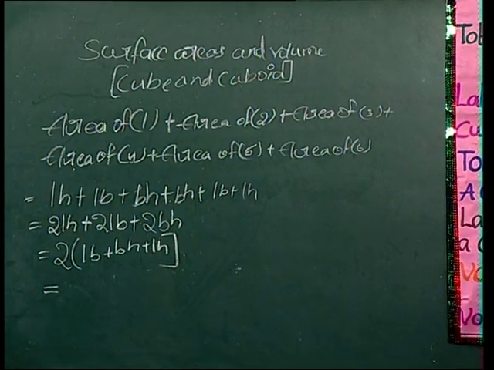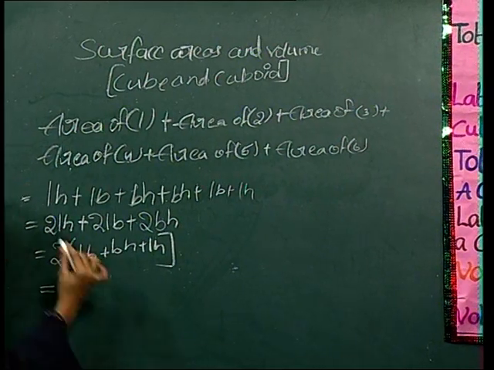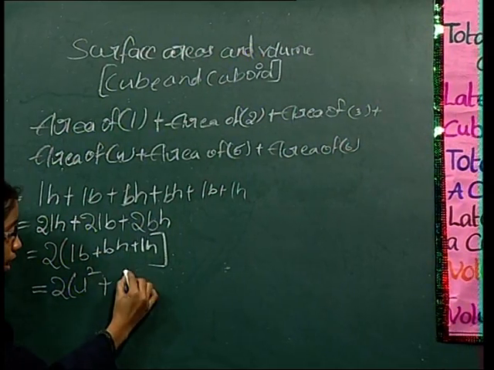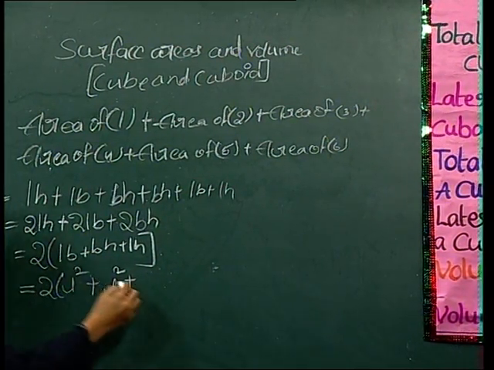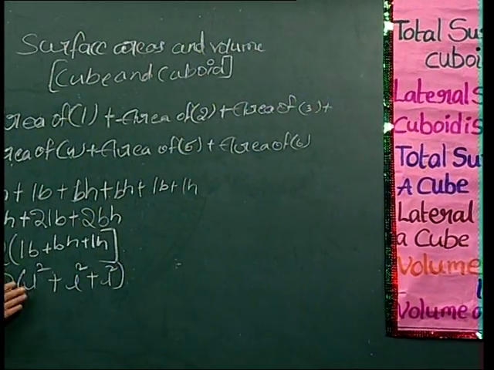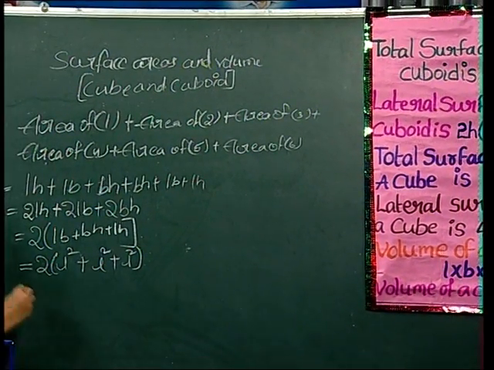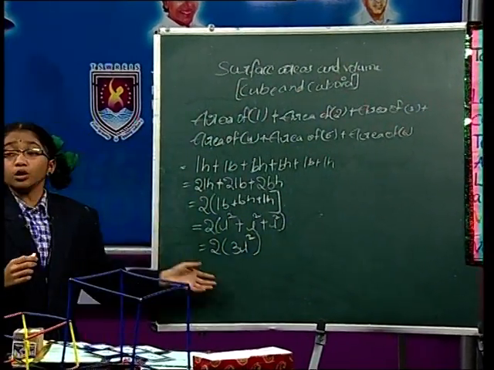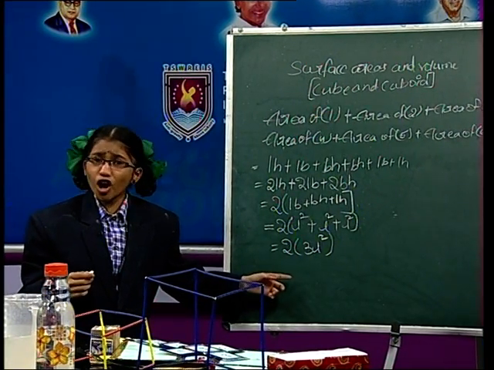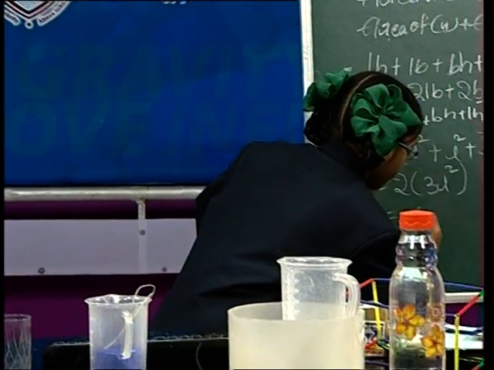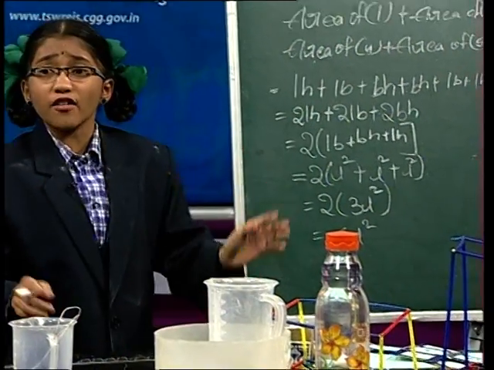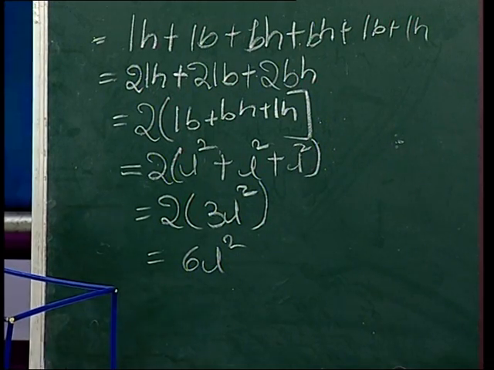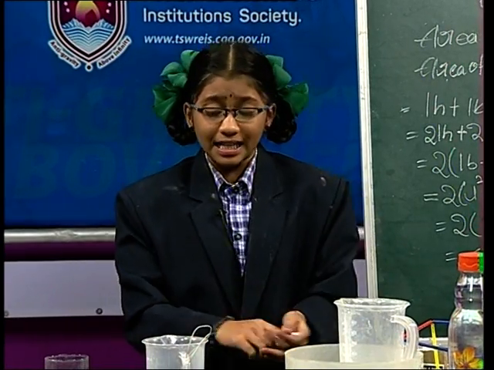So, 2 into L square plus L square plus L square. So, L square plus L square plus L square is 3L square. 2 threes are 4? No, 2 threes are 6L square. So, we get our formula. Do you understand how to get our formula? Very good. Let us see the following picture.